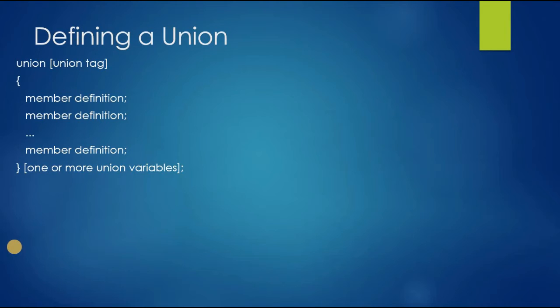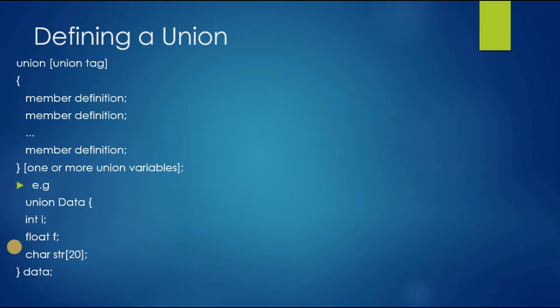The union tag is optional and each member is a normal definition such as int i or float f or any other valid variable definition. At the end of the union's definition, before the last semicolon, you can specify one or more union variables, but it is optional.